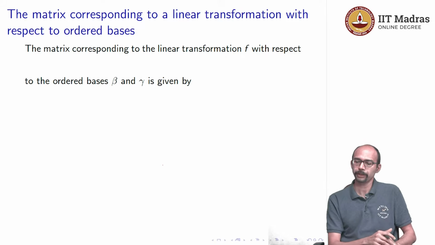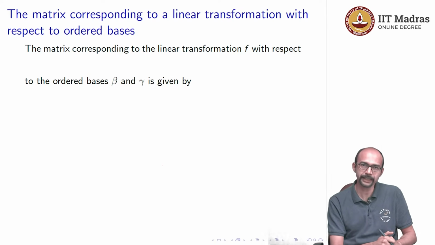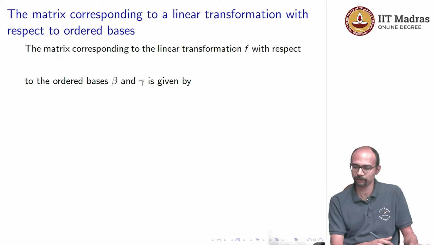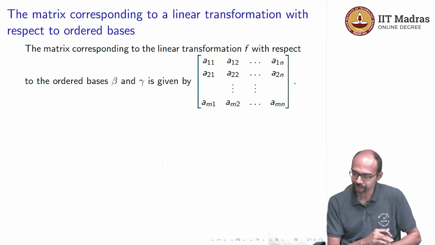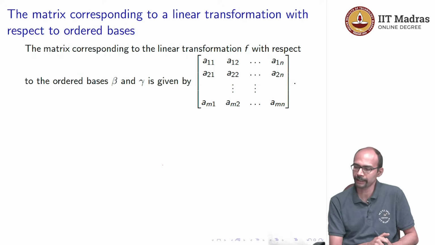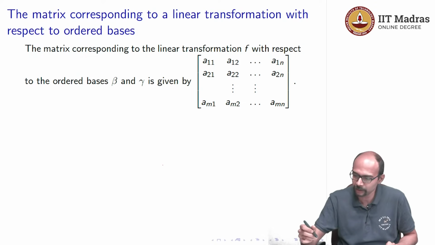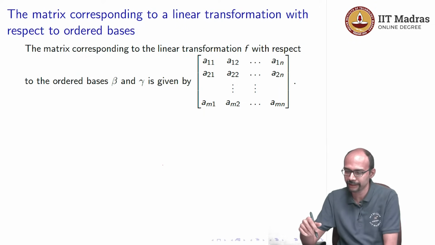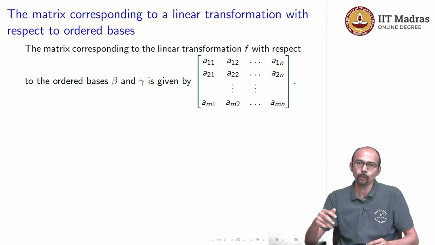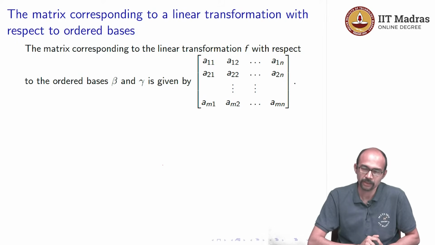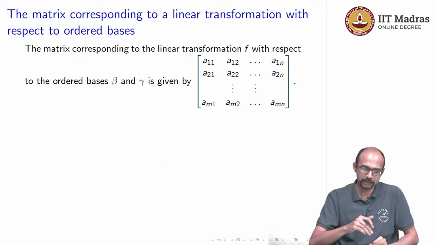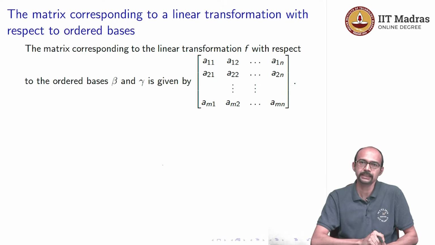Then the matrix corresponding to this linear transformation with respect to these ordered bases beta and gamma, which were v 1 v 2 v n and w 1 w 2 w m respectively, is given by a 1 1 a 1 2 a 1 n, a 2 1 a 2 2 a 2 n, a m 1 a m 2 a m n. I want to point out that the first column, a 1 1 a 2 1 a m 1, were the coefficients occurring in the linear combination which expresses the vector f of v 1.